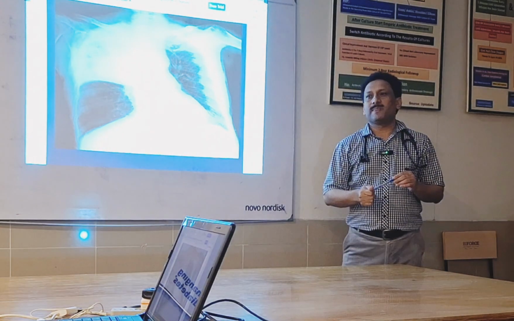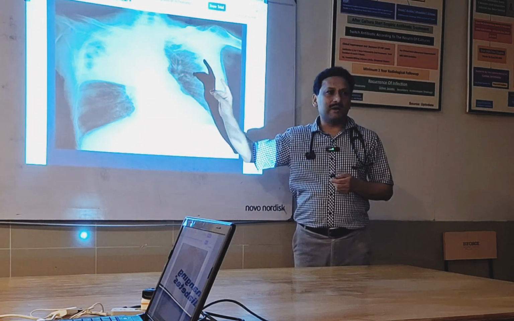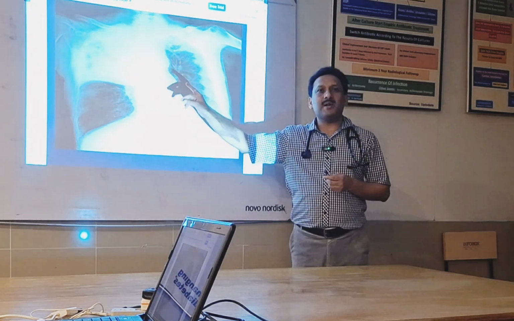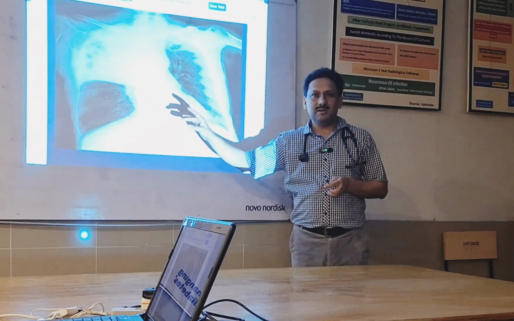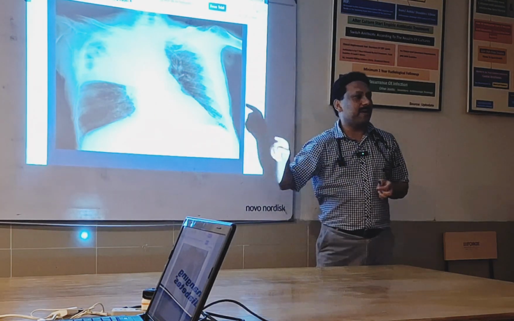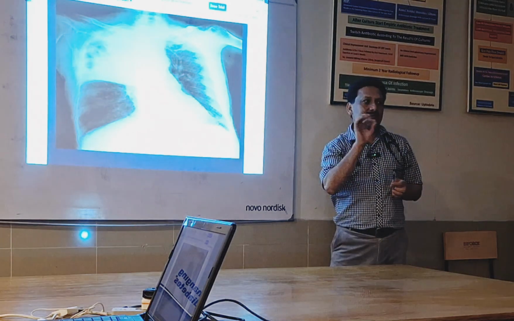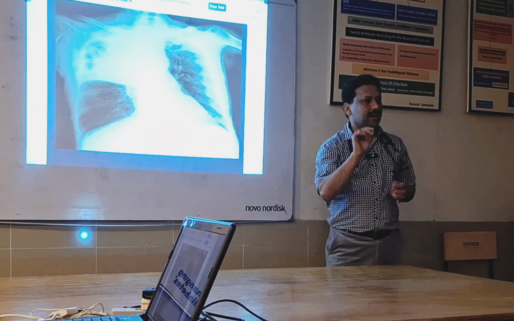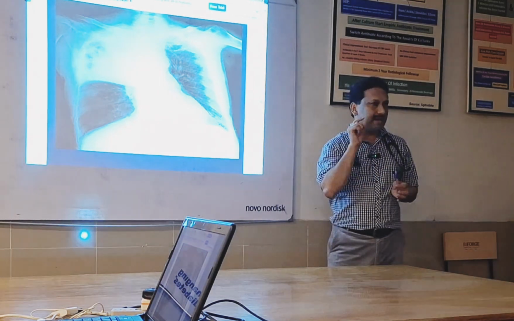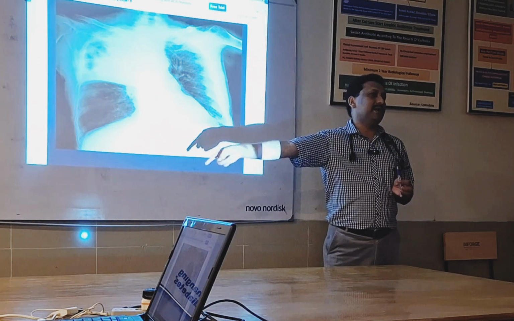It is showing a homogeneous opacity involving right upper and middle zone. And this opacity is having something very special in it, which makes the picture very clear.